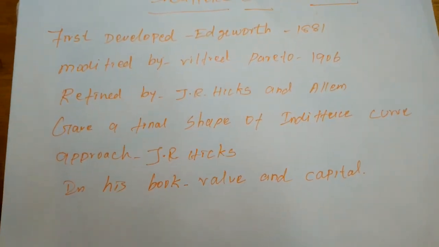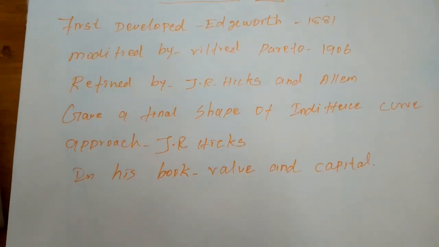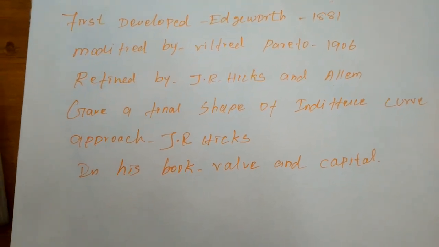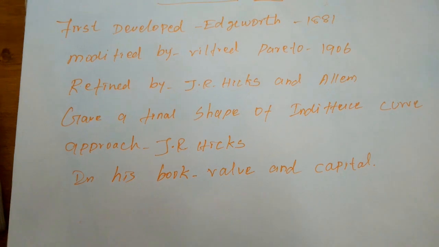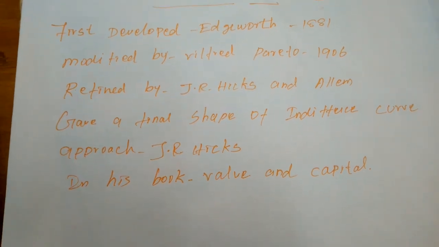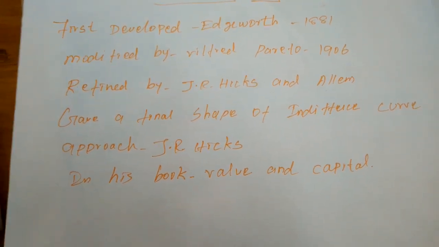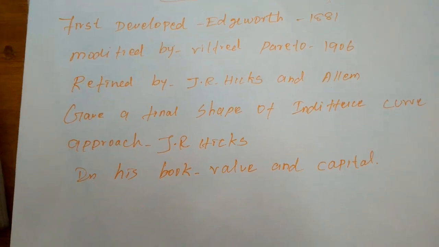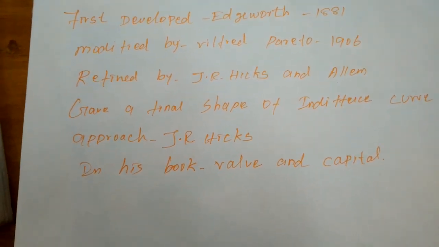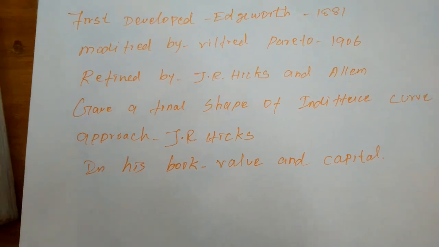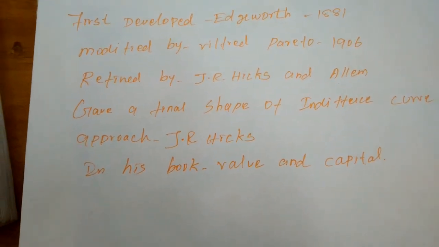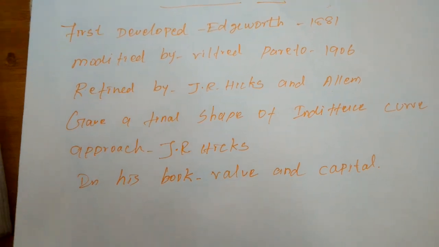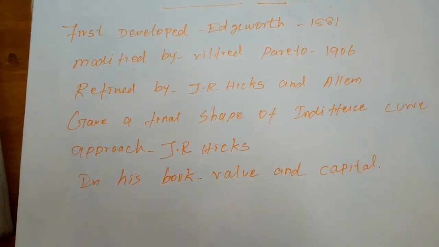Consumer behavior was studied by the indifference curve approach in 1881. After that, in 1906, Wilfred Pareto modified the Edgeworth approach. Again, J.R. Hicks and R.G.D. Allen refined the indifference curve approach in 1934.